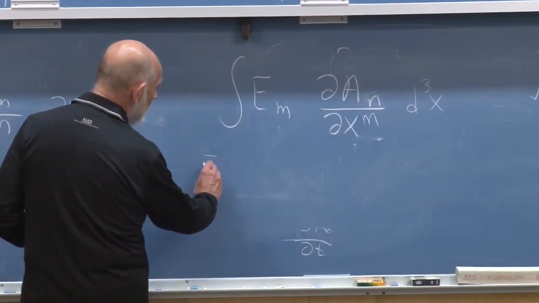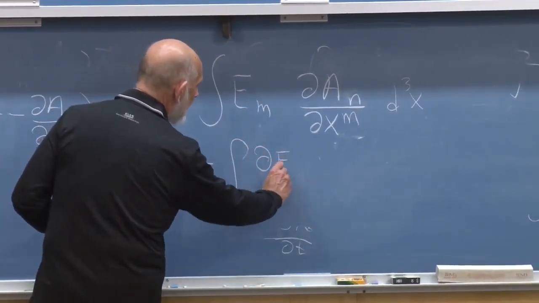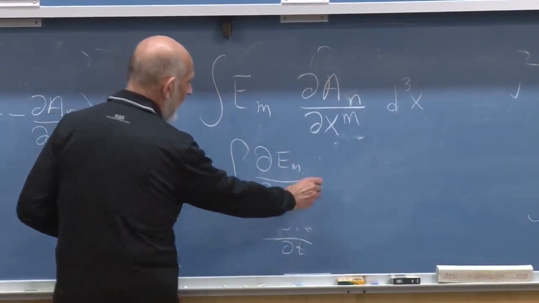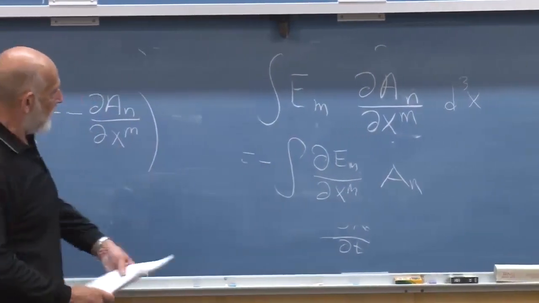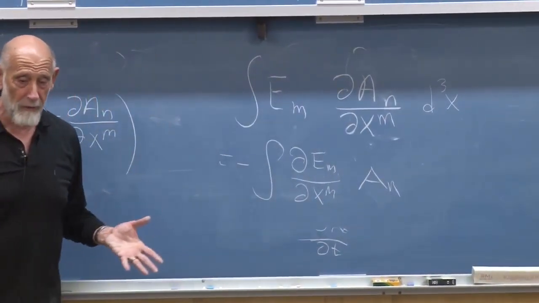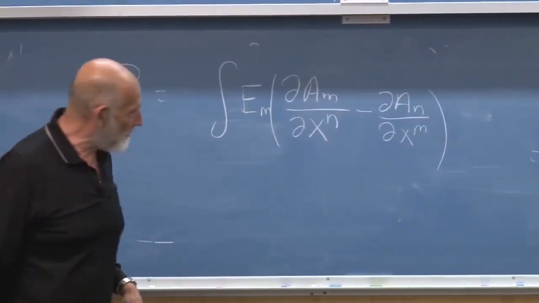This is equal to minus the integral dEm by dxm times An. You can just take the derivative from one factor, put it on the other factor, and put a minus sign. That's called integrating by parts, and we've done it over and over and over. This is just another example of it.